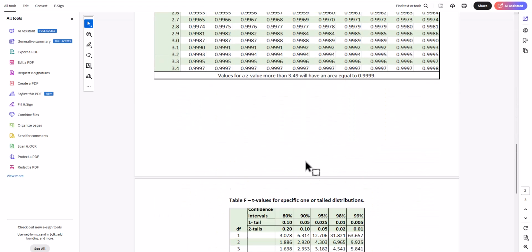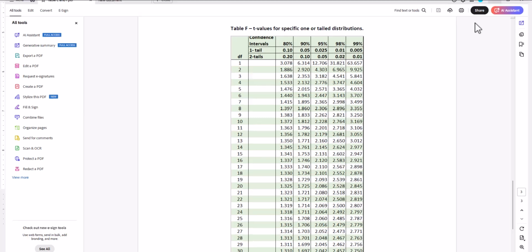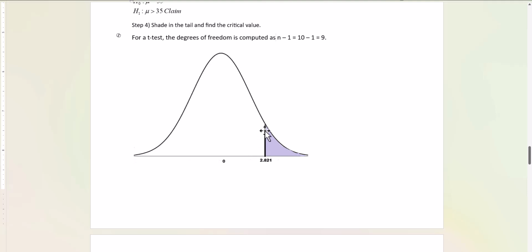So we have a one-tailed test, alpha's 0.01, and we go down to 9, 2.821. That's our critical value. Recall the critical value separates the critical region from the non-critical region.